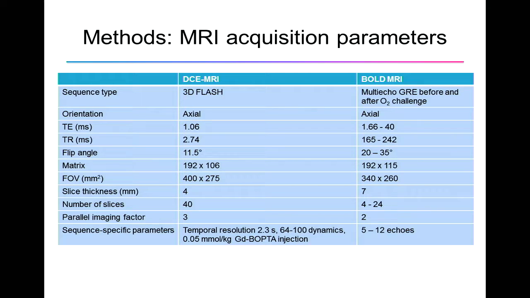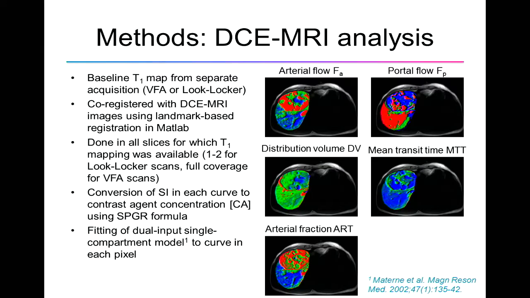For the DCE-MRI acquisition, we used a 3D FLASH sequence in an axial orientation. This was done with an average temporal resolution of 2.3 seconds, using 64 to 100 dynamics, and during this acquisition we injected a contrast agent. The BOLD MRI acquisition was done using a multi-echo gradient echo sequence before and after oxygen challenge, using 5 to 12 echoes.